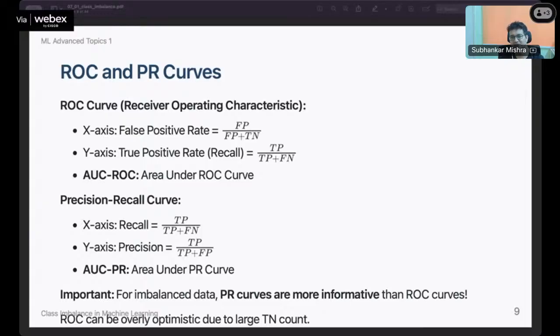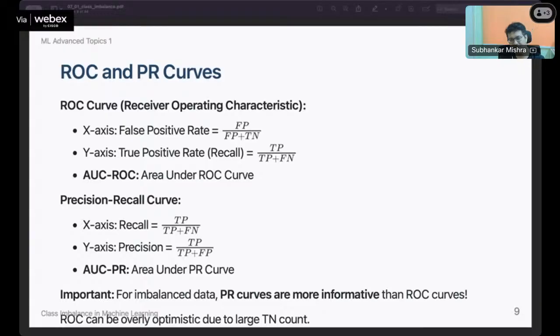When you have too many true negatives, like in an imbalanced case, the false positive rate will remain low even if we have many false positives, because a lot of true negatives make it artificially low, right?